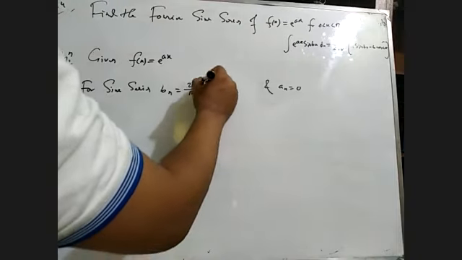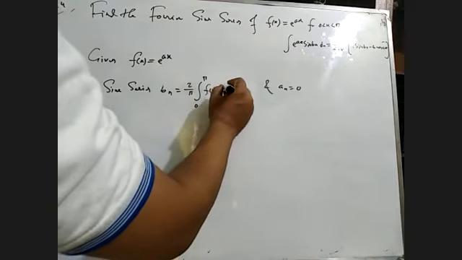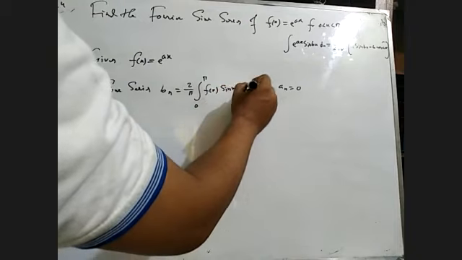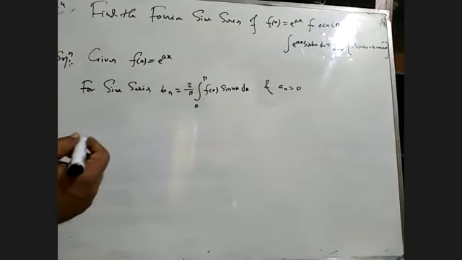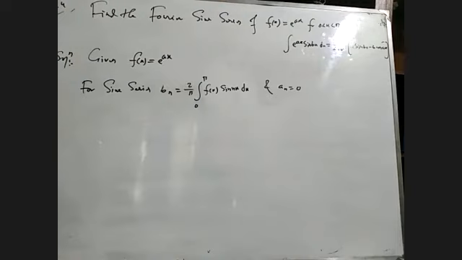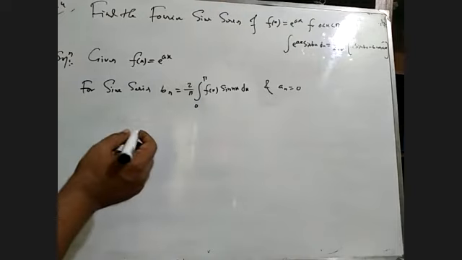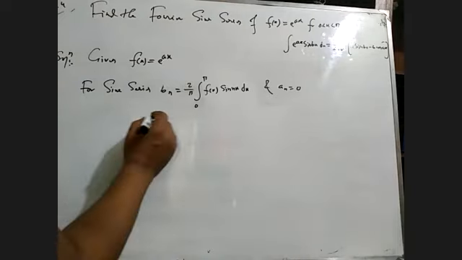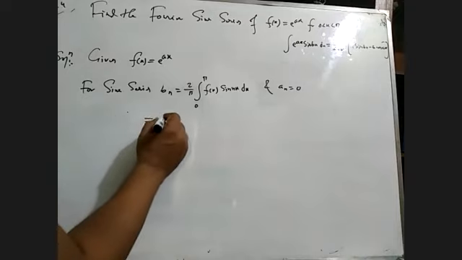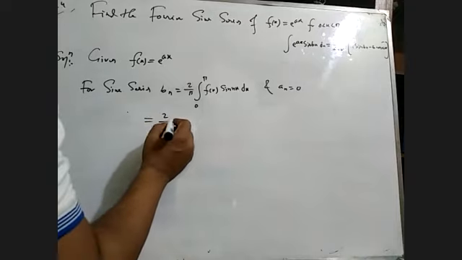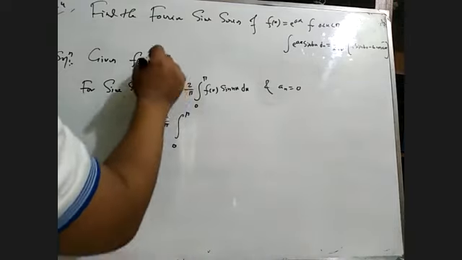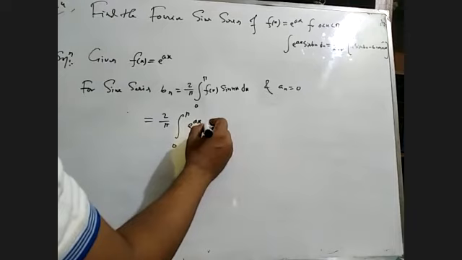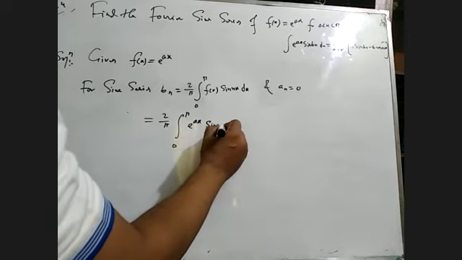The limit will be 0 to pi, f of x sin nx dx, with the factor 2 divided by pi. So Bn equals 2 divided by pi, integral from 0 to pi of e to the power x sin nx dx.